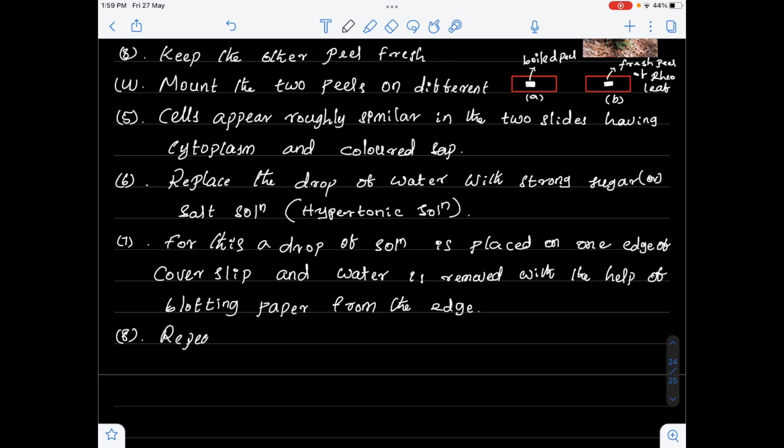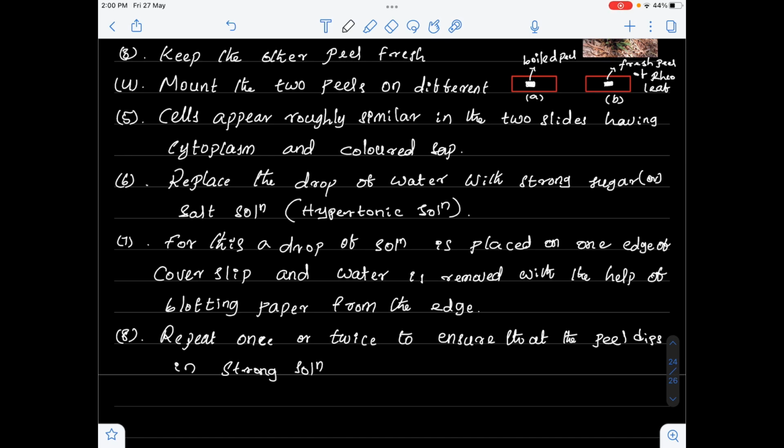Repeat once or twice to ensure that the peel dips in strong solution. Observe after 5 minutes.